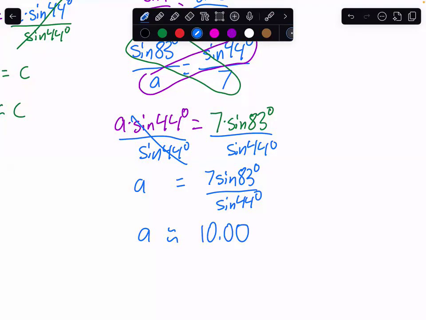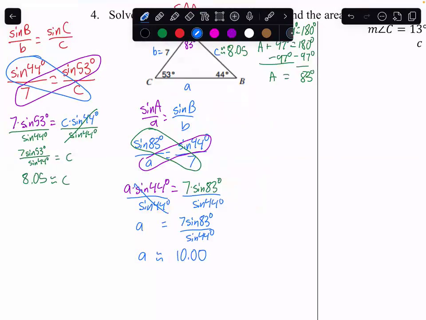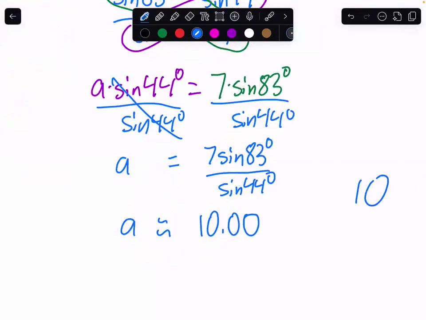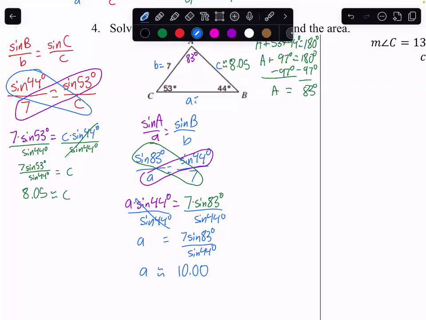Technically, you're supposed to put the 0.00 to show that you rounded to the nearest hundredth, not just the nearest whole number. Like in science, if you talk about sig figs, if I just said 10, you might think it was like 10.4 and I rounded it down to 10, but actually it's much more exact than that. Okay, so let's fill that in as well.